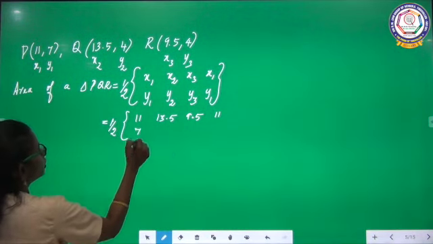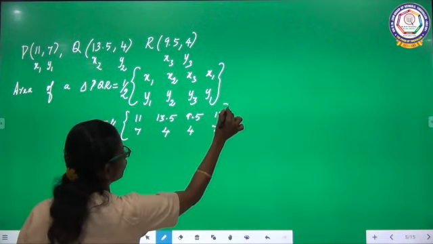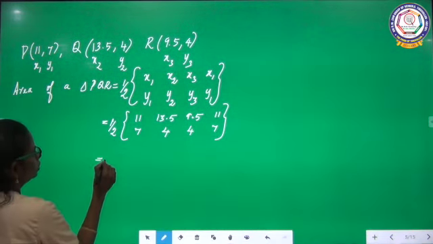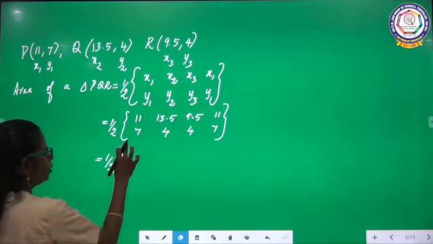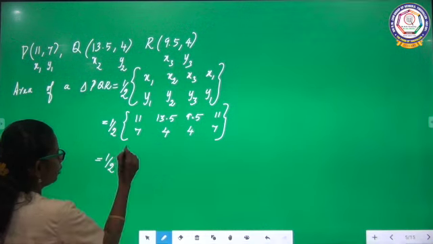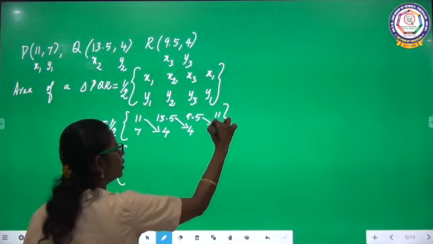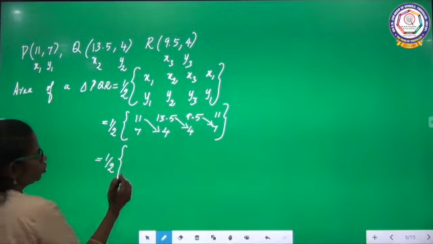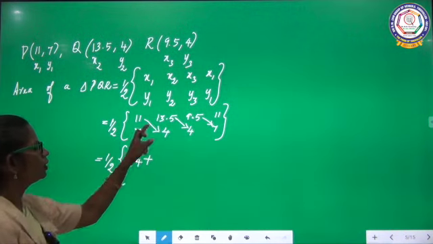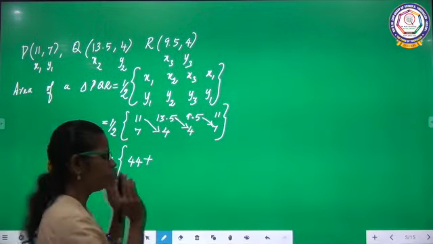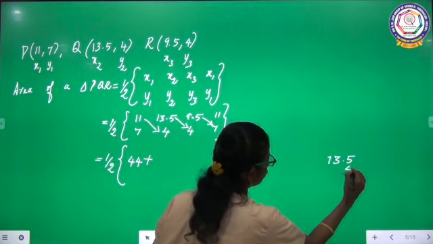Y1 7, 4, 4, 7, which is equal to 1 by 2 into again the same downward arrow, right? 11 fours are 44 plus 13.5 into 4. Better you should use the right side margin and do the multiplication, that is safe.